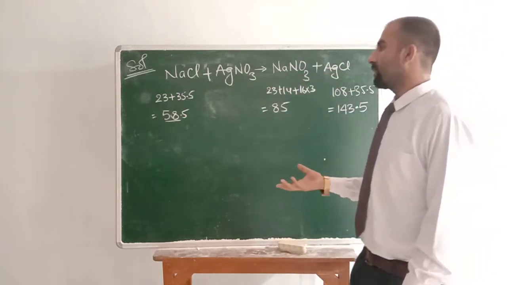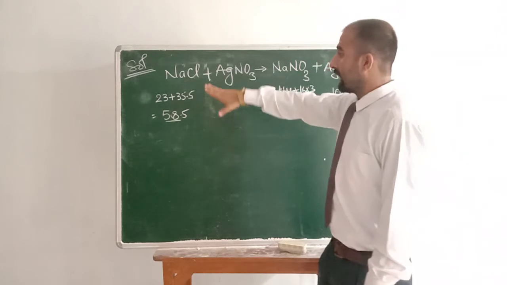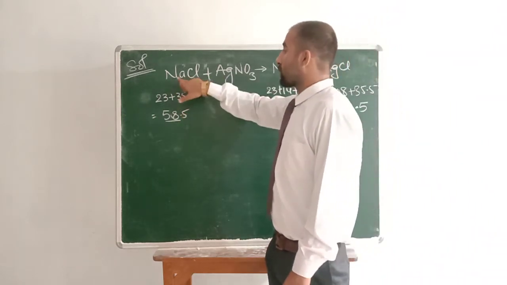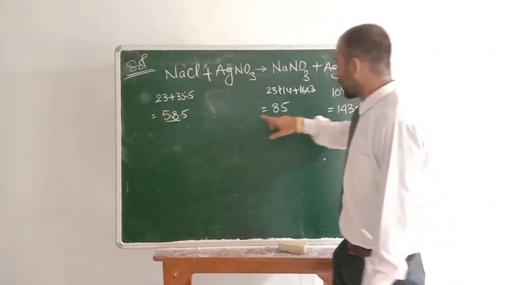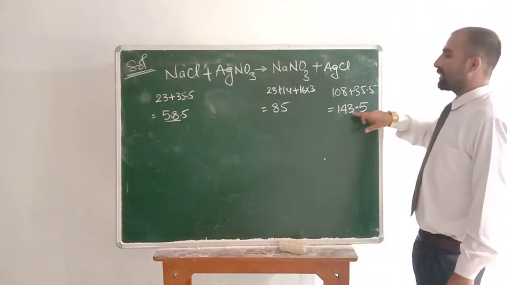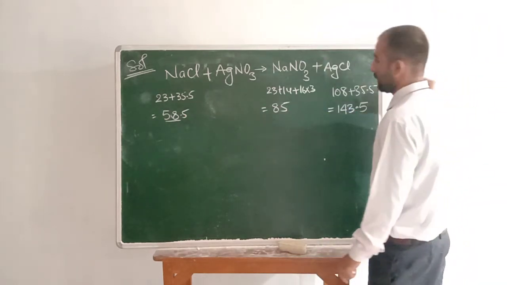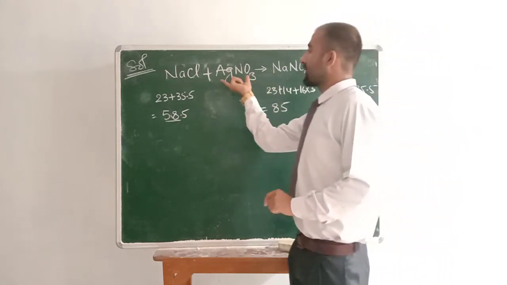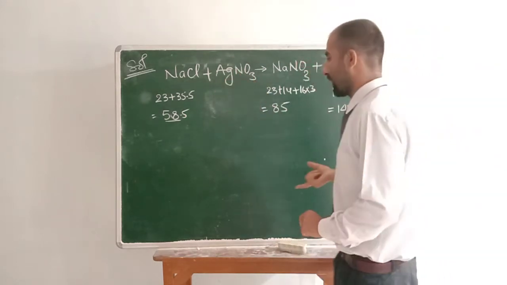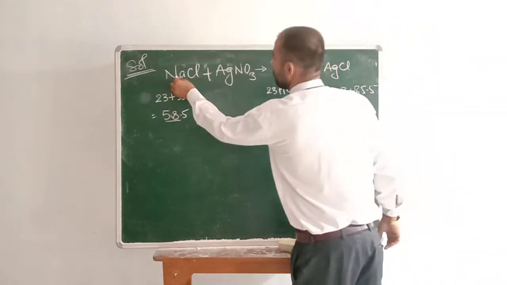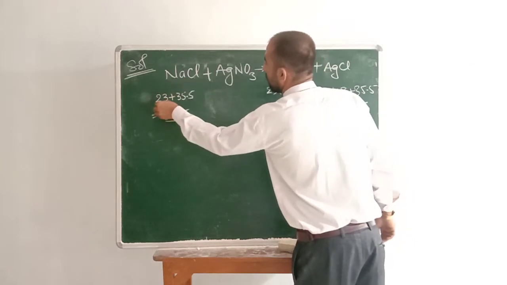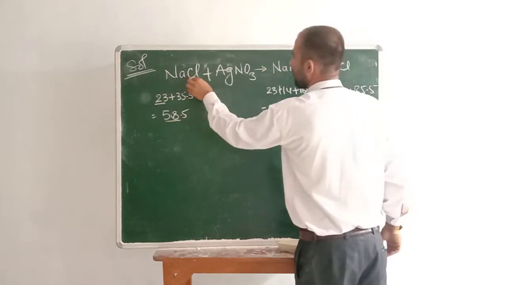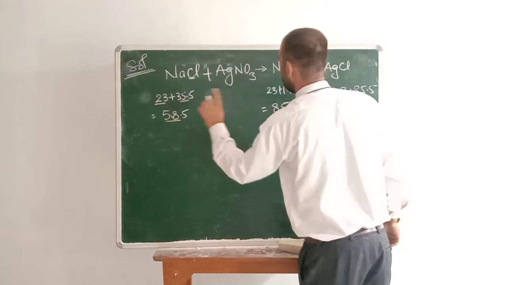Before going to the question part, I have taken out the relative molecular weight of the different compounds we need, because silver nitrate is not required right now. Sodium's atomic weight is 23, chlorine 35.5, so I added these two.